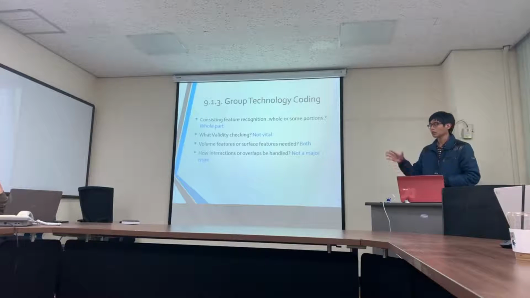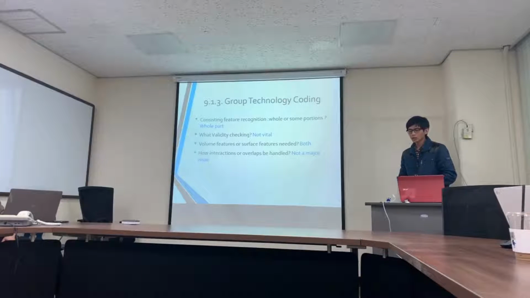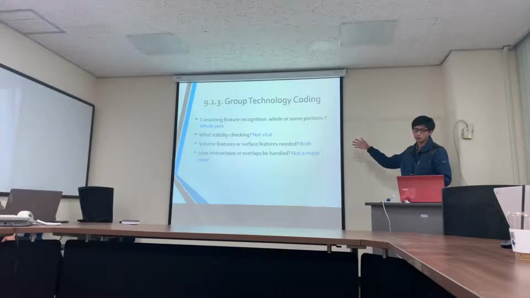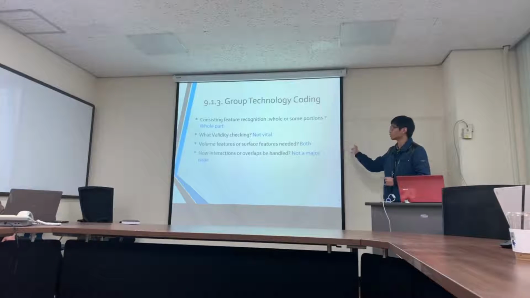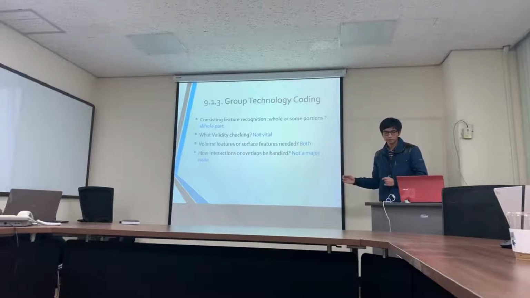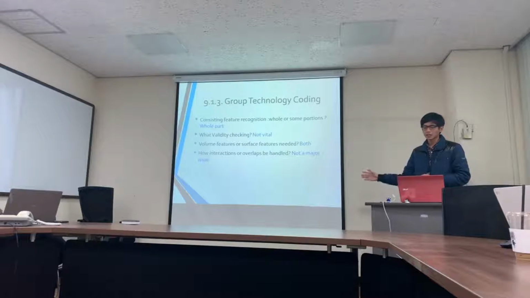So GT coding has a summary of the parts that you want. For example, its overall dimension, its function, its basic function, and so on. So with this approach, since they already have a summary, you just require the whole part for the feature recognition, and then this validity checking is not vital already, since the classification is already well defined, and the classification also already includes both volume and surface features.